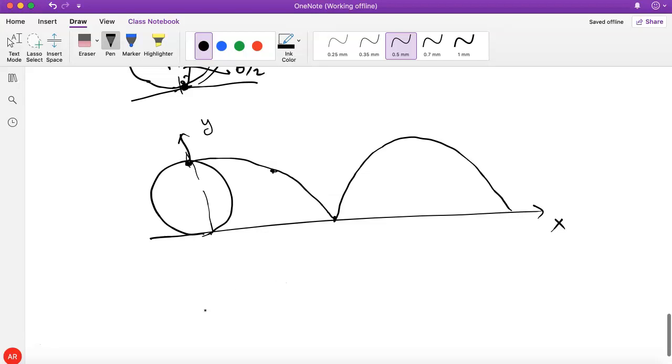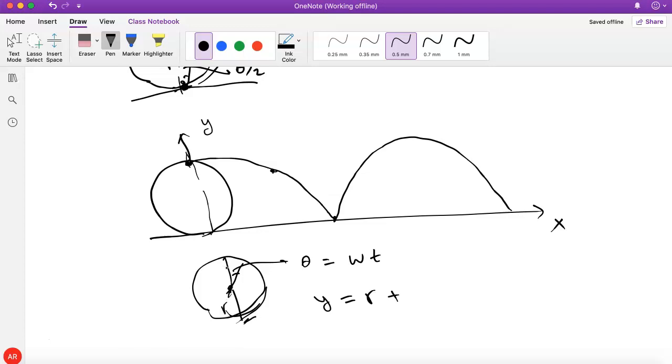Well, if you just rotate around the center in the moving reference frame, then your angle changes as omega times t. So let's say theta is omega t, and therefore the y coordinate becomes, for example, r. From here to here we have r, and then this is r cosine omega t, cosine theta, which is cosine omega t.